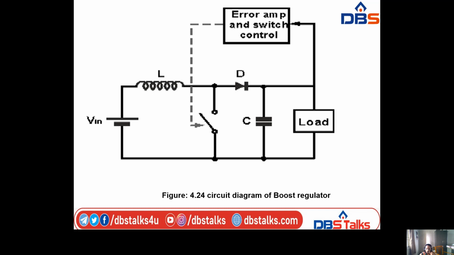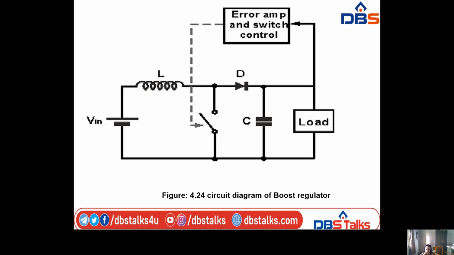Here the inductor will be connected in series with the input Vin. Here we have Vin, the inductor, the diode, the capacitor and the load, and the error amplifier with the switch control technique, and here the switch is there.